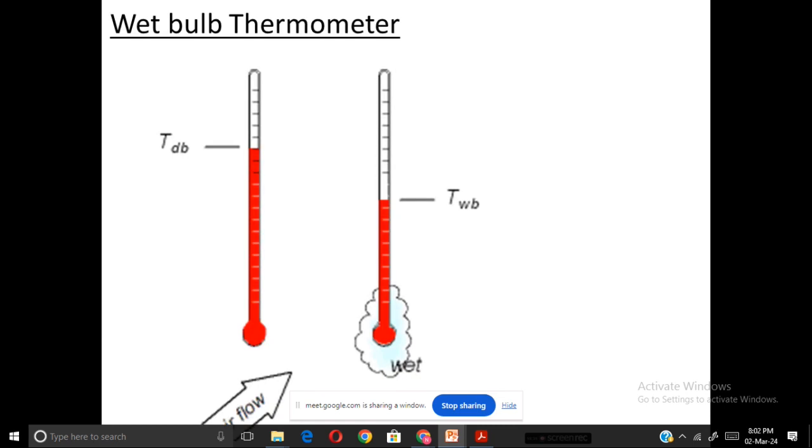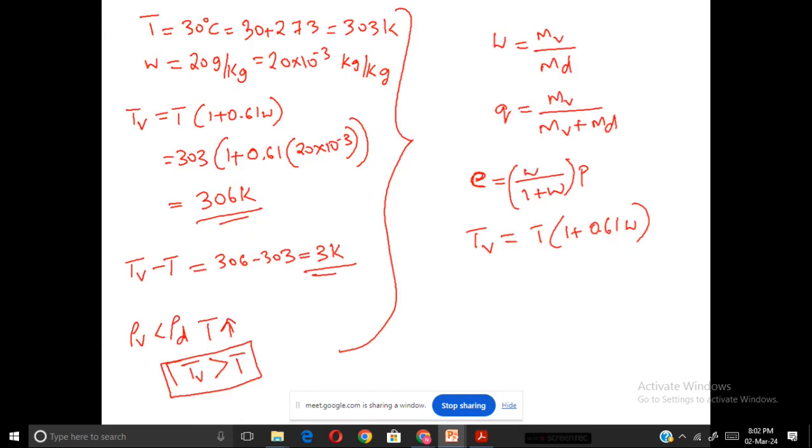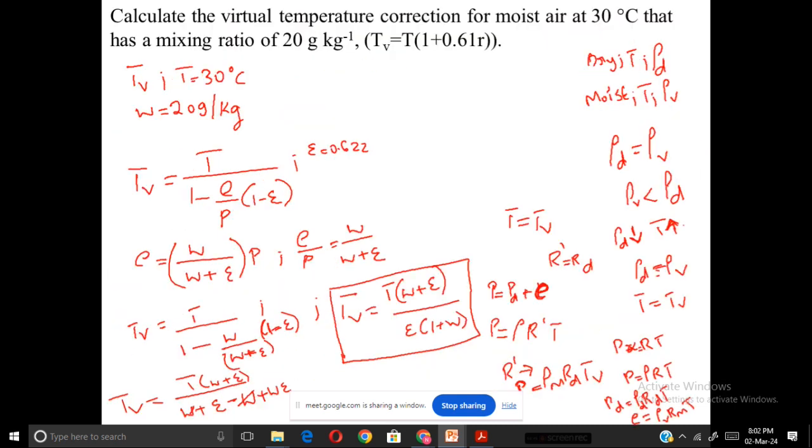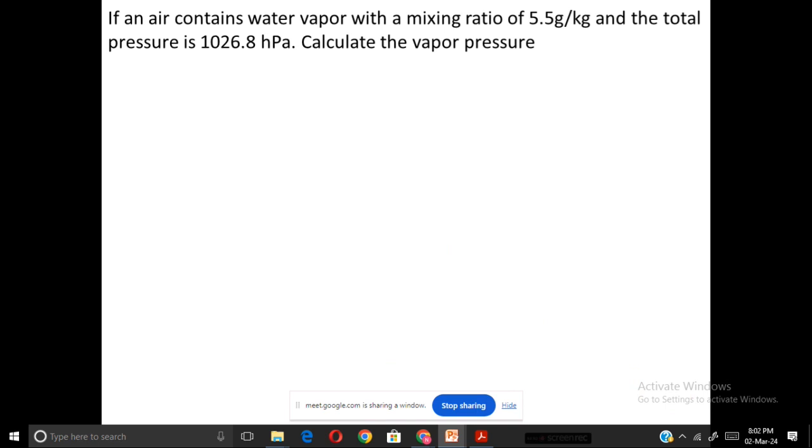So now let's move on to some other temperatures. Before moving on to other temperatures, I wanted to introduce or just revise another quantity which you would have learned, which is basically the saturation mixing ratio or saturation vapor pressure.